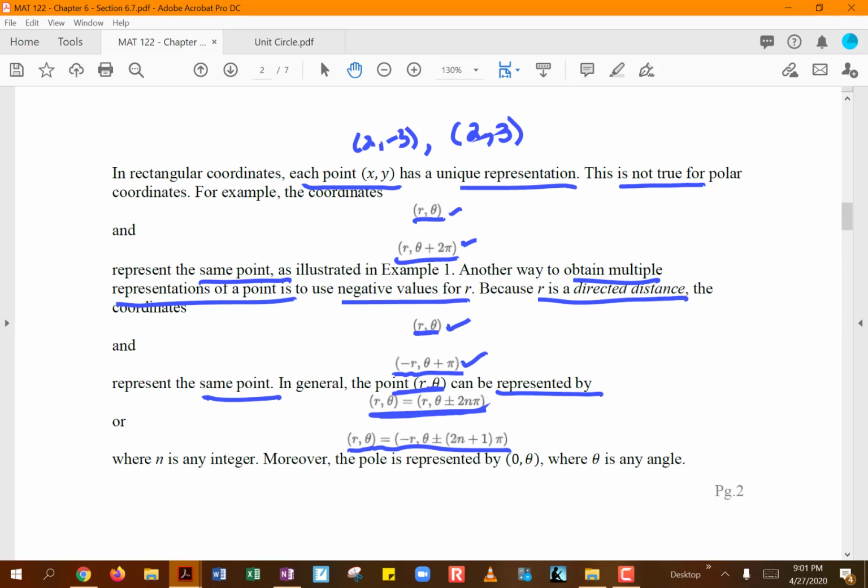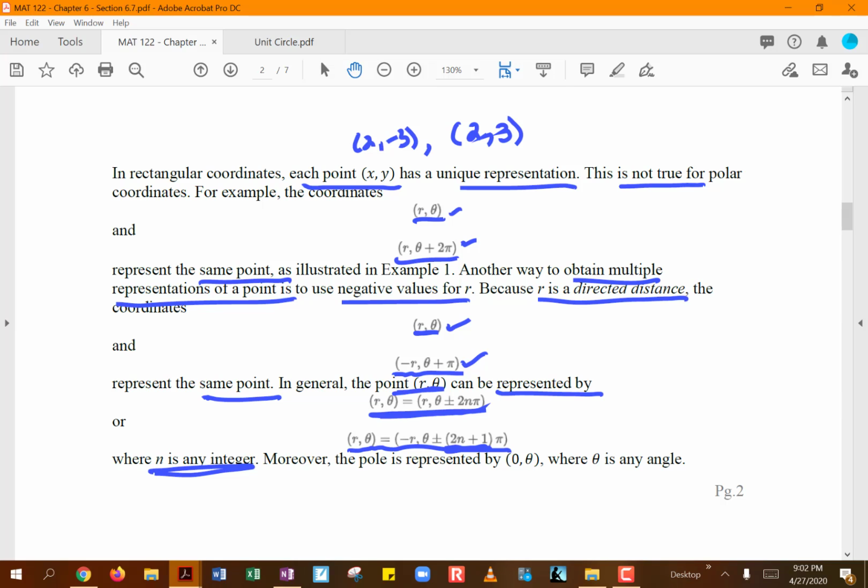So you can add 1 pi, 3 pi, 5 pi, any of those values, because we are doing 2n plus 1 over here, so that will always give you an odd number. So you can add or subtract multiples of pi with a negative r value, or you can add and subtract multiples of 2 pi from your angle with a positive r value, and it will give you the same representation for the same point. Okay, and of course n will be any integer.